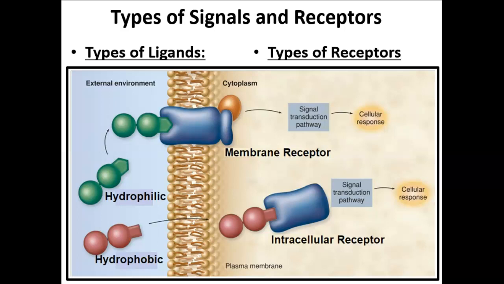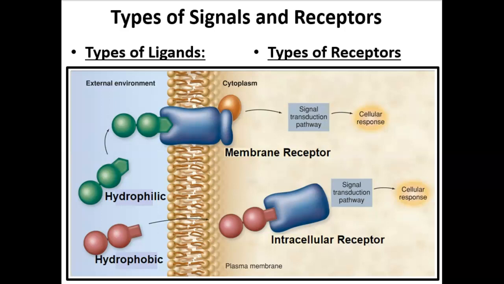It's on the membrane. The other type of receptor is a protein located inside the cell, either in the cytoplasm or in the nucleus, and that's called an intracellular receptor. So the two types of ligands are hydrophilic or hydrophobic. The two types of receptors are membrane receptor or intracellular receptor.